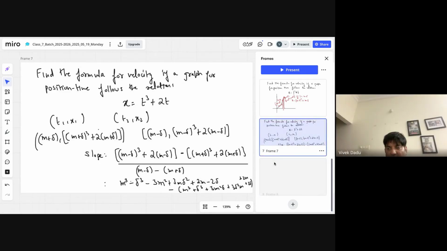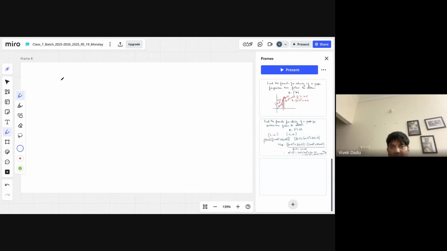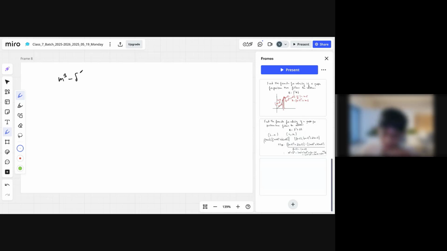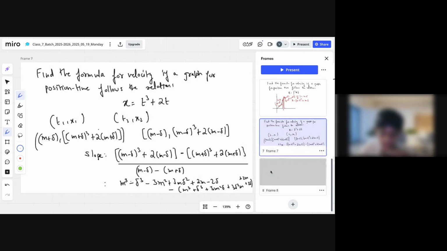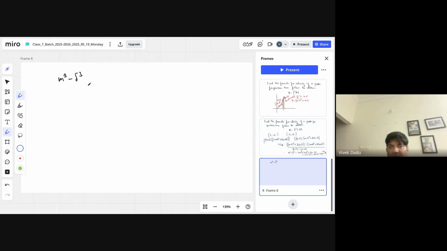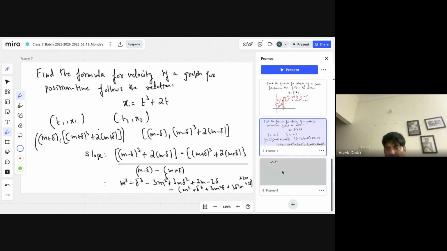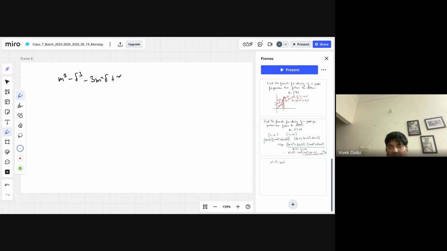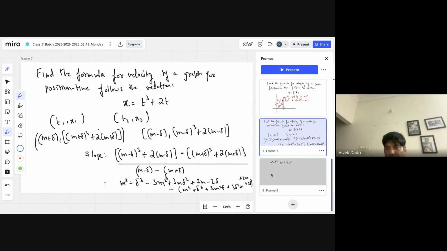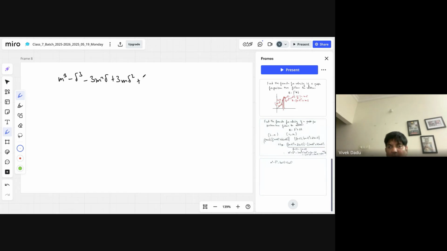But first, the numerator, what does it become then? It will become m cube minus delta cube, I'm rewriting, minus 3m squared delta plus 3m delta squared, then plus 2m minus 2 delta.